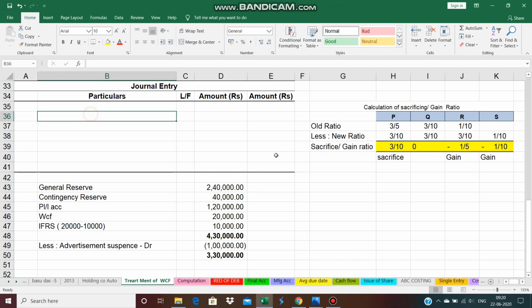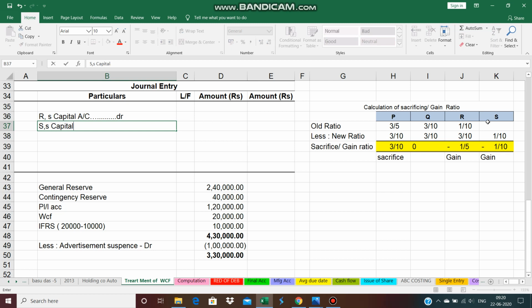So the journal entry will be very simple. R's capital account debit, because he is gaining, S's capital account debit, to P's capital.